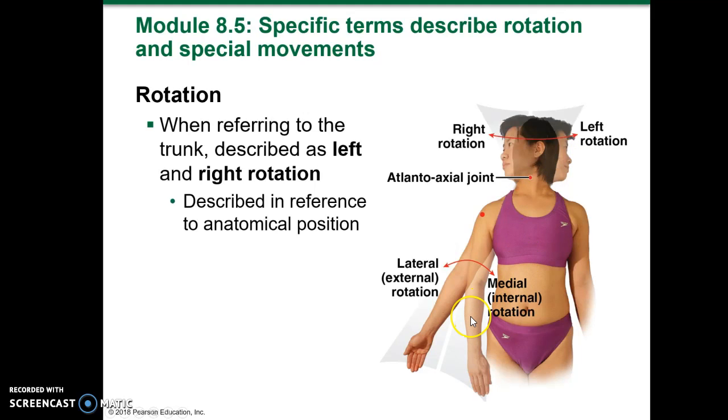When you move your arm in and out, you have a lateral external rotation and a medial internal rotation. So you're basically moving your arm at the joint where your deltoid is.